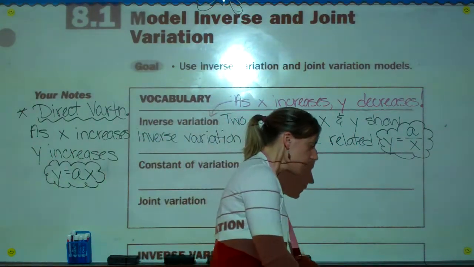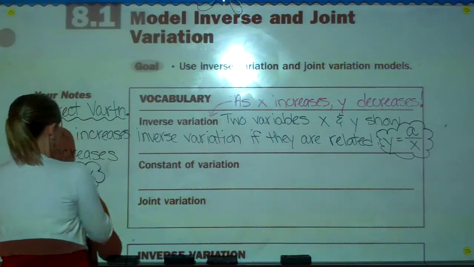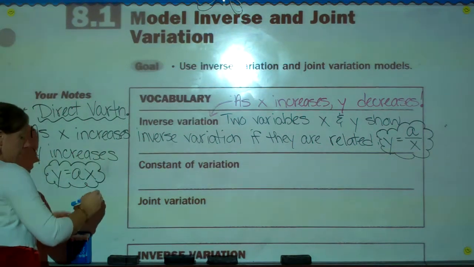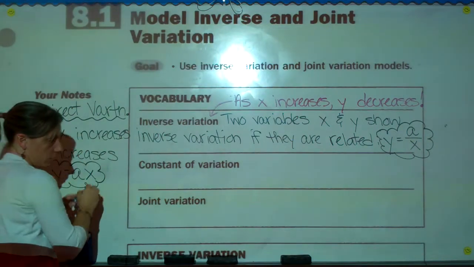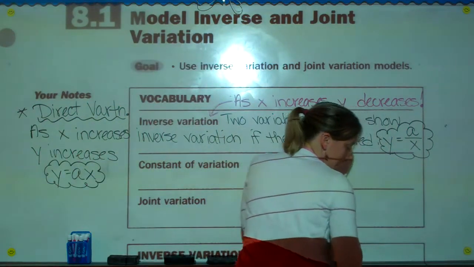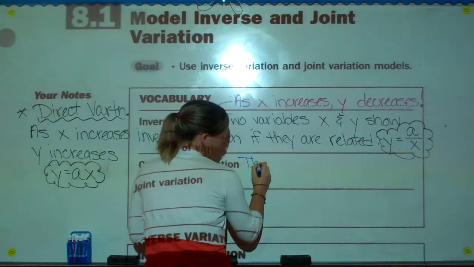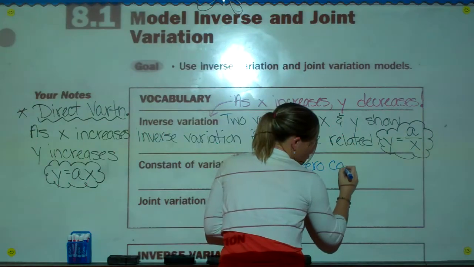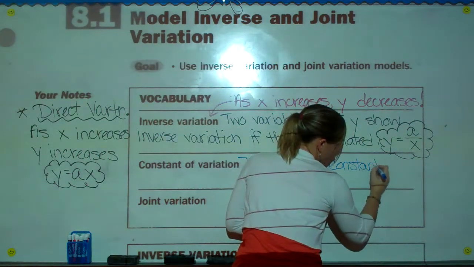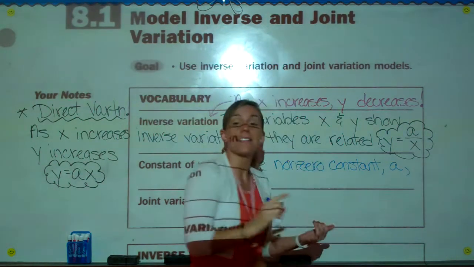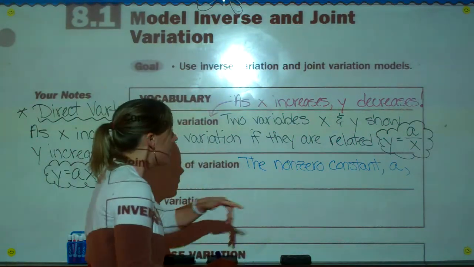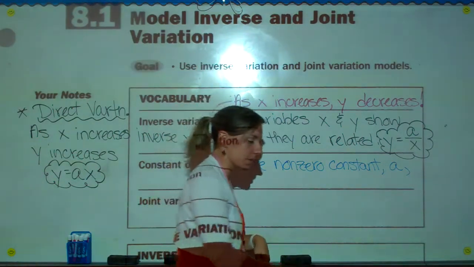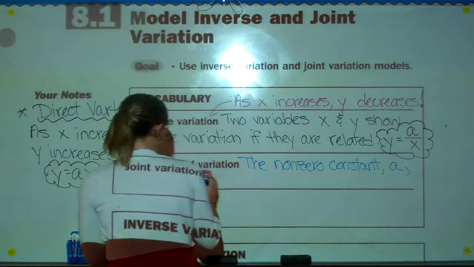The constant of variation is this a that we've written up here. Its definition is the non-zero constant a. Again, you might see the variable k, you might see the variable m, and it's non-zero, so a can't be 0. It has to be a number. There has to be a relationship in a variation equation.